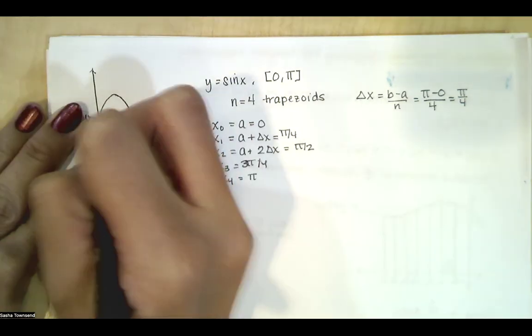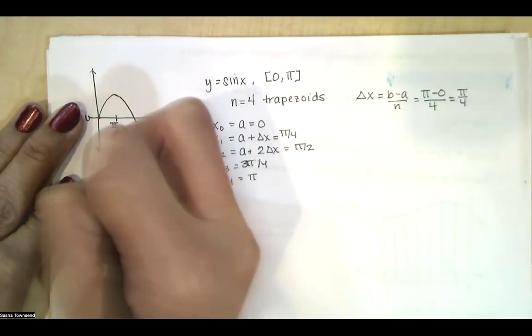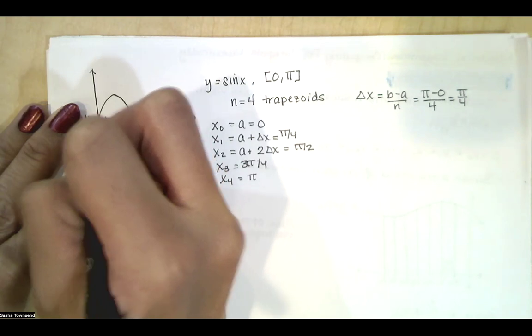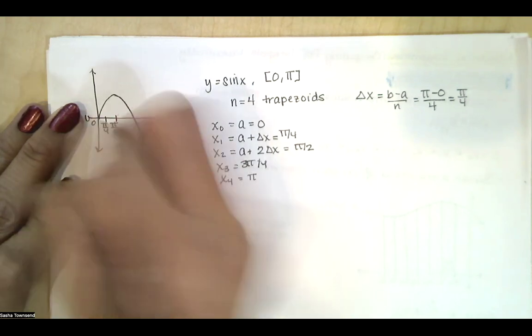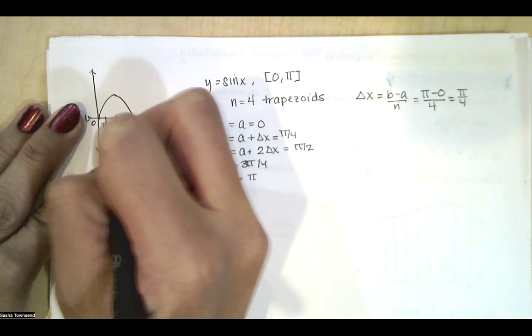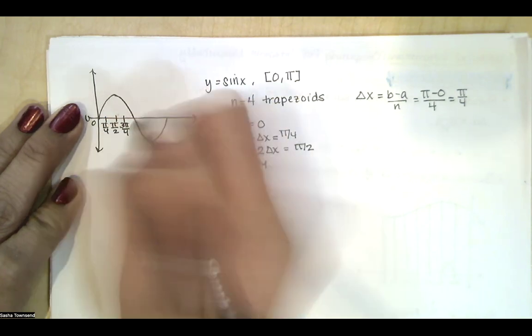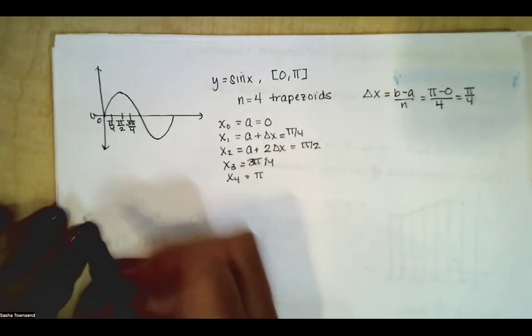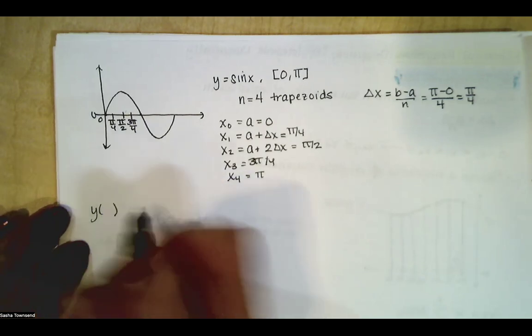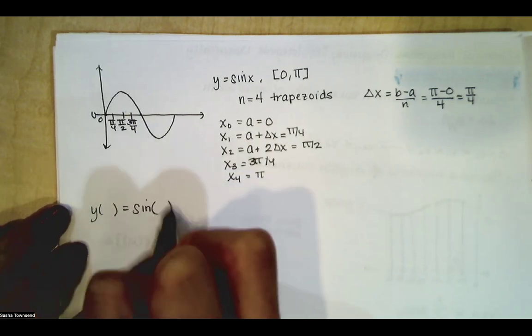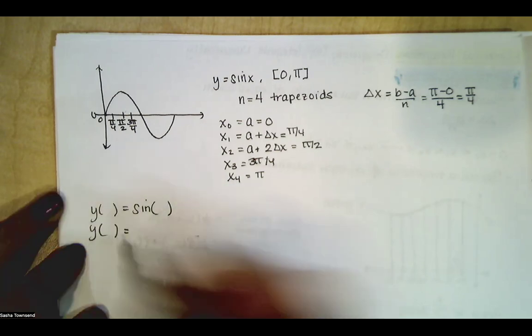So we're going to evaluate the function at 0, pi over 4, pi over 2, 3 pi over 4, and pi. So that's relatively easy to do. These are also special angles.